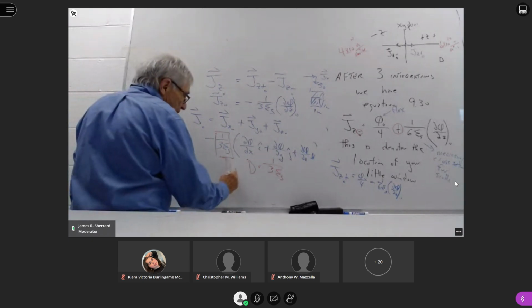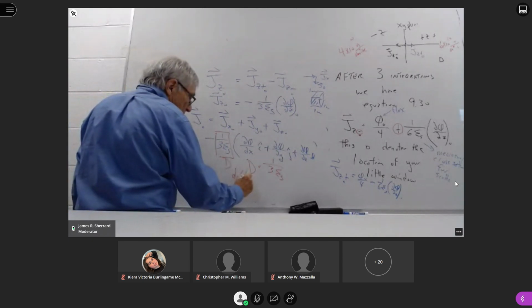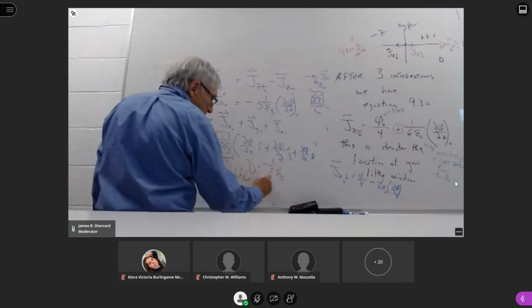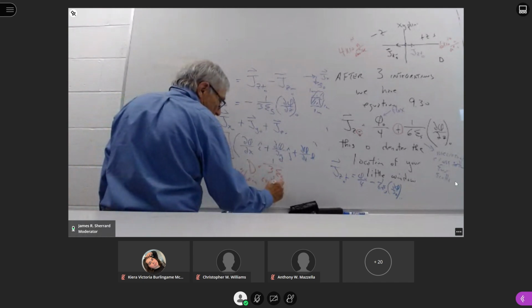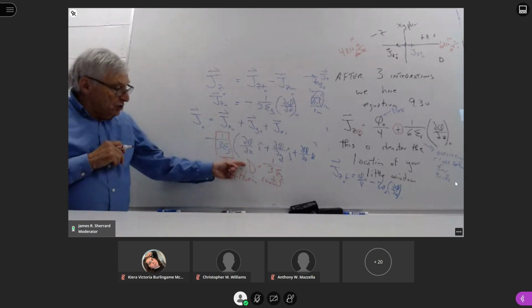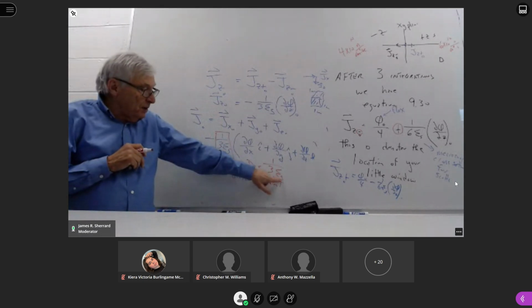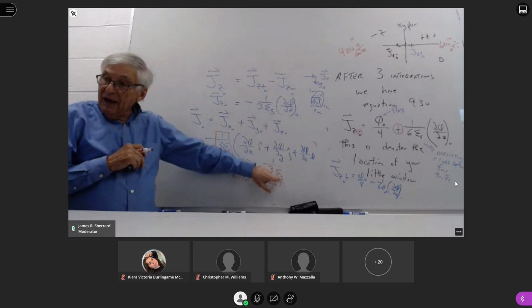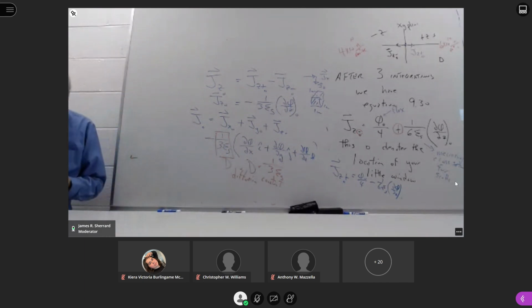And they call this the diffusion constant. And this is going to be a physical property of your system. It's all going to depend on the materials you have and their scattering values.